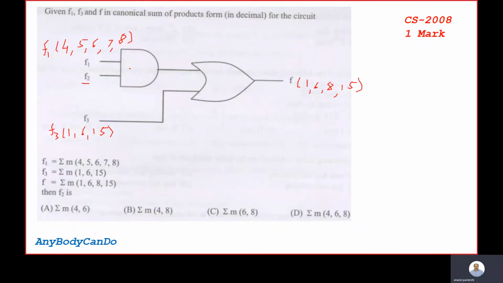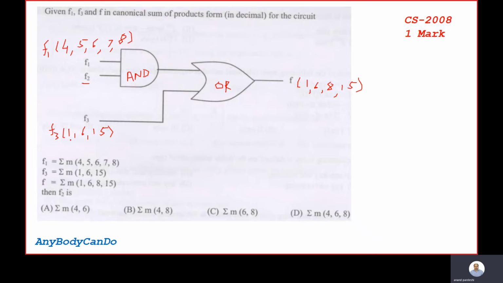So we know that this is which gate? This is AND gate, this is normal AND gate, and this is which gate? This is OR gate. So we know in the output we want 1, 6, 8 and 15, and this is OR.